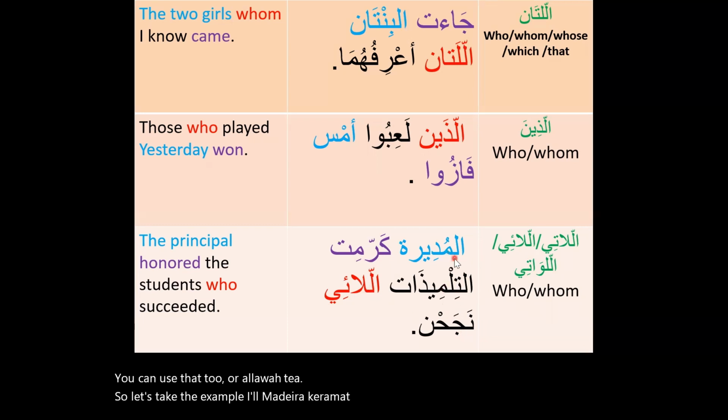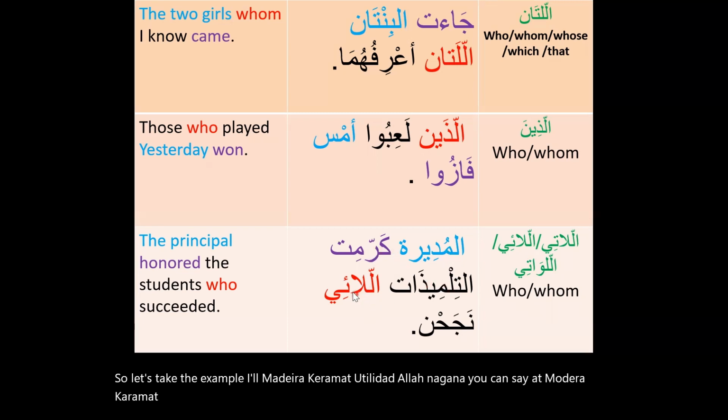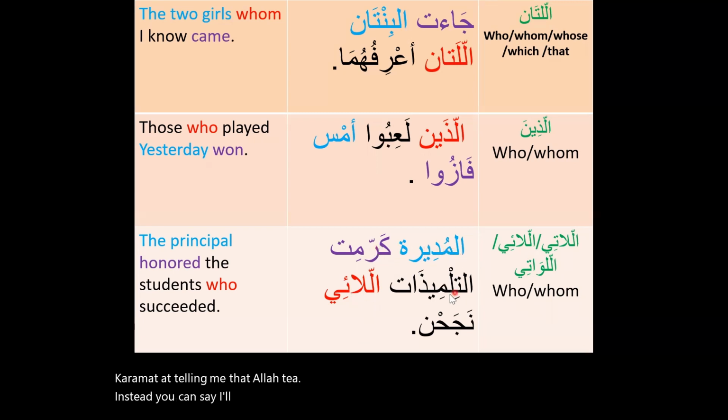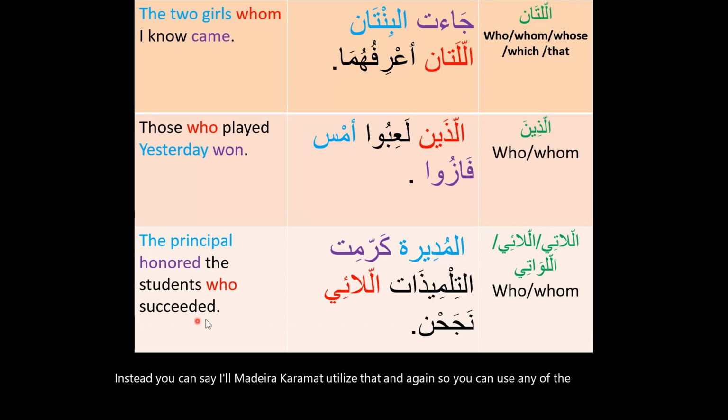You can say المديرة كرمت التلميذات اللاتي نجحنا. Or instead you can say المديرة كرمت التلميذات اللواتي نجحن. So you can use any of the three. So the principal honored the students who succeeded.